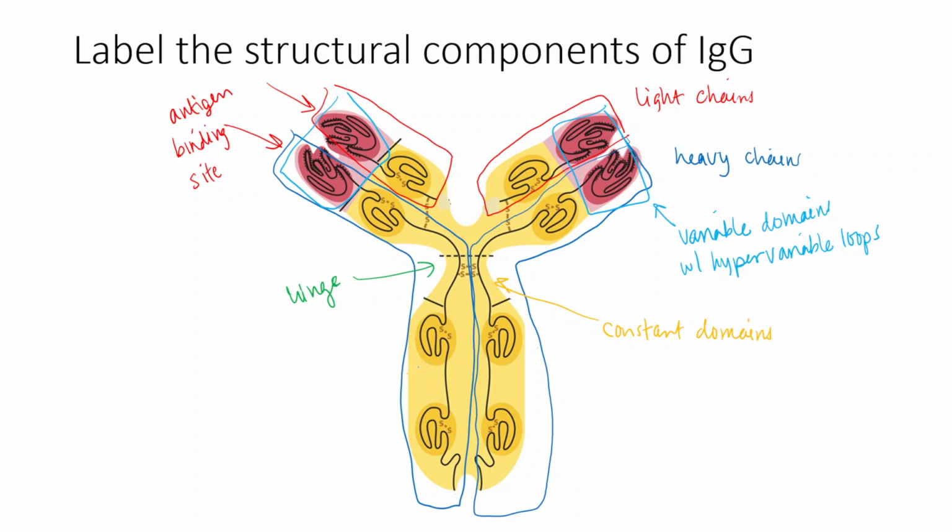So we have one over here. We have some more over here. What other kinds of secondary and tertiary structure can we see here? Yeah, there's a whole bunch of disulfide bonds and they stabilize a lot of stuff.